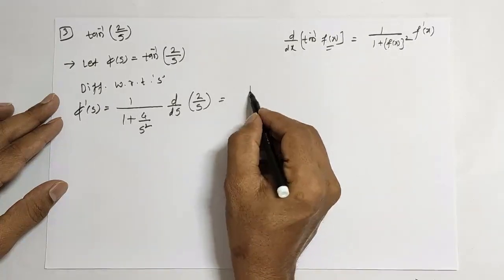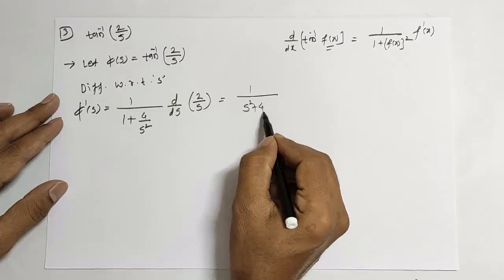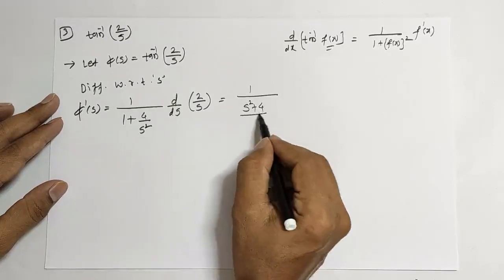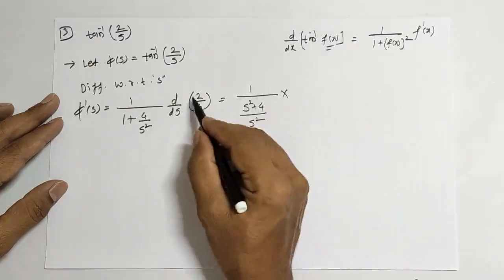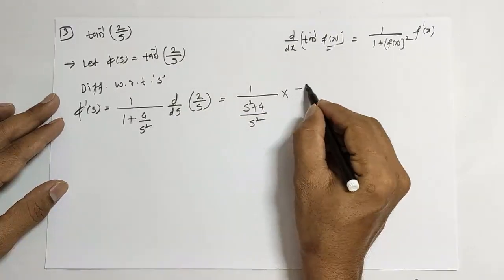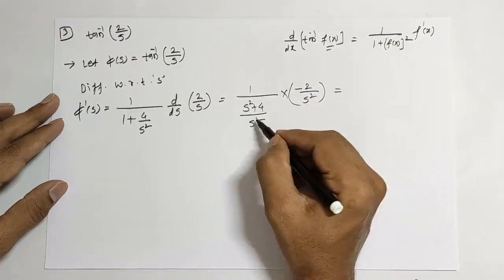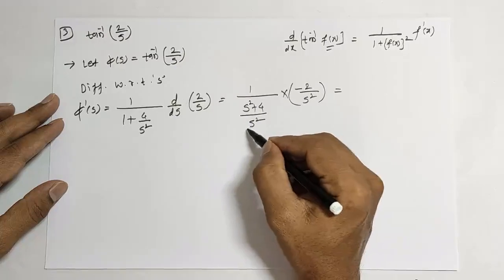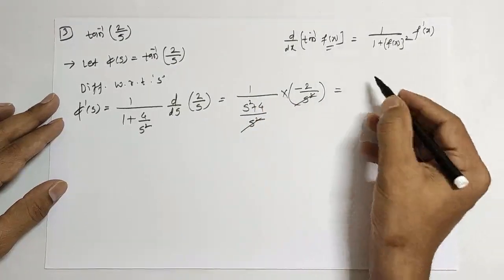1 upon LCM ले लो, s square plus 4 upon s square into derivative of this 1 by s का derivative minus 1 by s square, this 2 is constant, so minus 2 by s square. So ये s square यहाँ पे कैंसिल होगा, आप न्यूमरेटर में लेके जाके भी कैंसिल कर सकते हो.